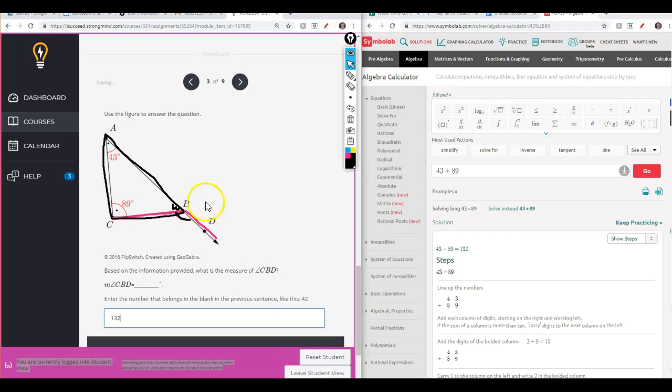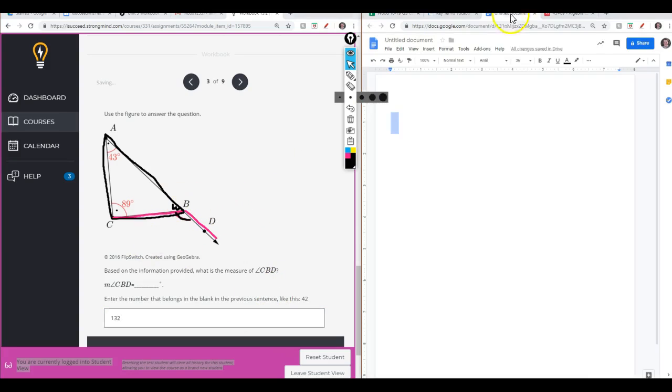Now if you didn't remember the exterior angle theorem, then I'll show you the way you could step through to figure this out. We know that triangles all add up to 180 degrees, and notice that this angle right here, CBD, and angle B create a straight line. So we know that these two add up to 180 as well.